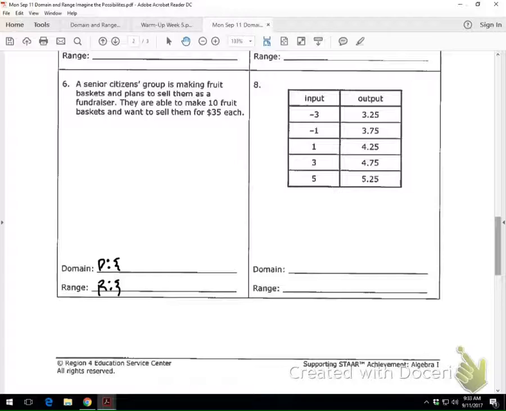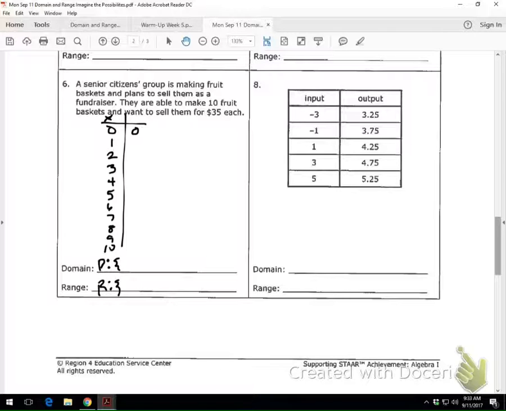So, they made 10. So obviously our domain is going to be 0, 1, 2, 3, 4, 5, 6, 7, 8, 9, 10. That's the number of baskets. Now we've got to figure out how much they're gonna make. So if they sell 0, how much money do they make? 0. Perfect.